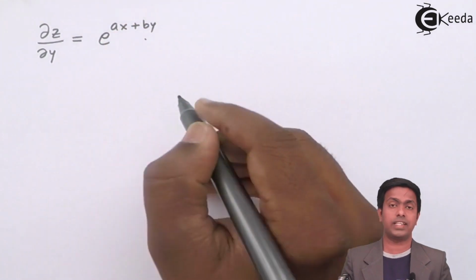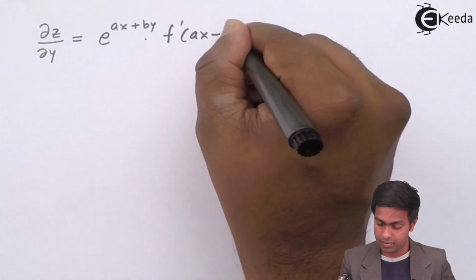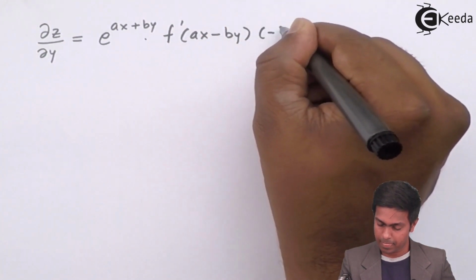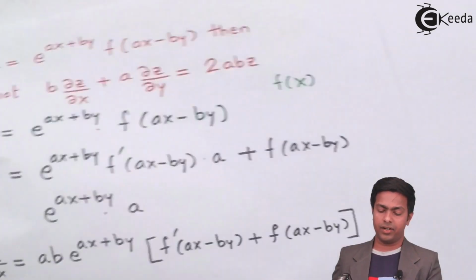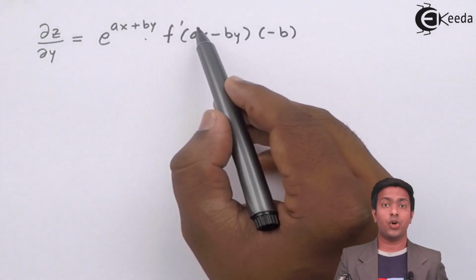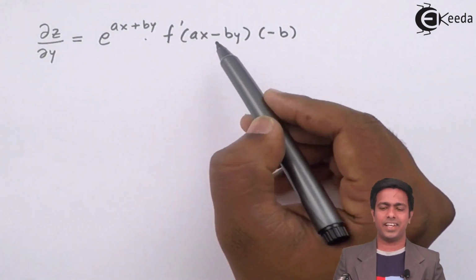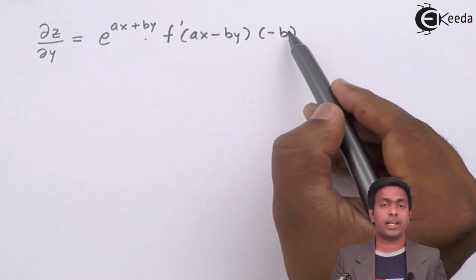and the derivative of the second function is... So guys, I'm sure that you understood this, that here we were having f of ax minus by, and for this the derivative is f dash of ax minus by, and again the derivative of this term with respect to y partially, so that becomes negative b.